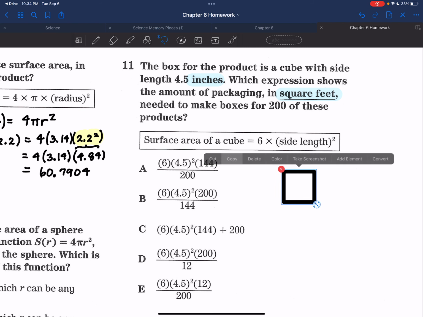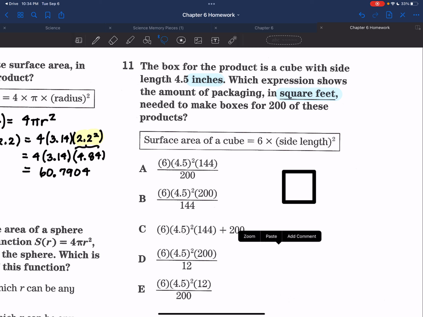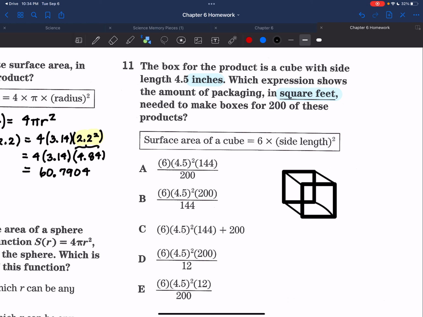So let's copy that and paste it. So here comes the other piece, and then we just connect the vertices, the corners. I need to do it in a straight line. Okay, so here's my cube. Pretend that's straight.